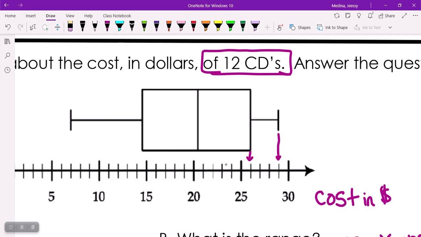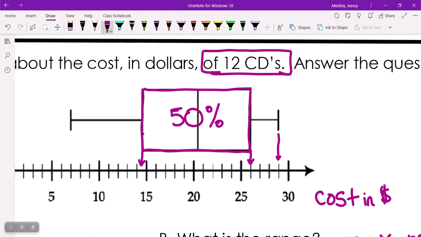Between 14.5 and 26, how much data do we have? Right, so basically we're asking from here to here, the box. How much data is found in this box? 50% between both of them, clear?